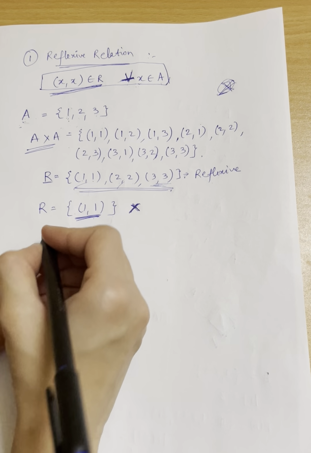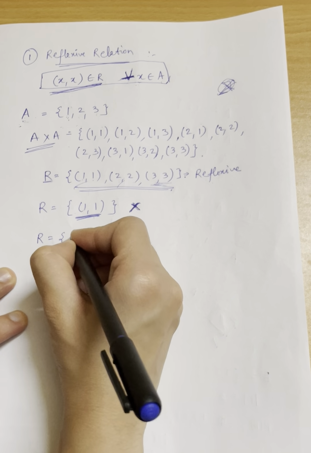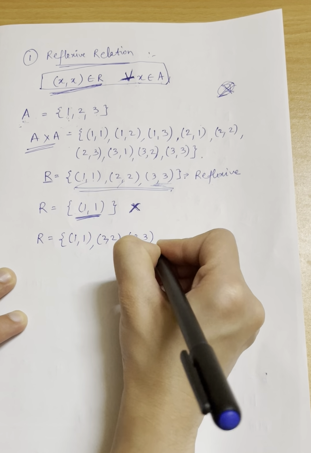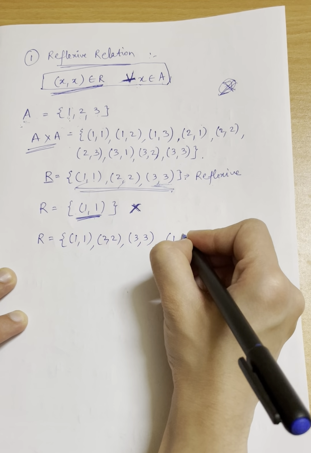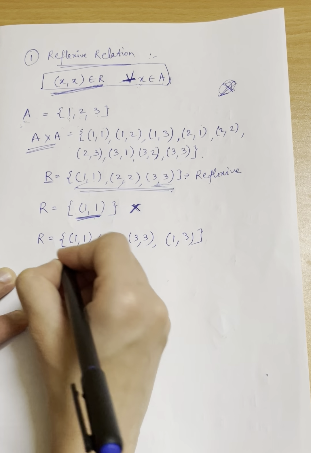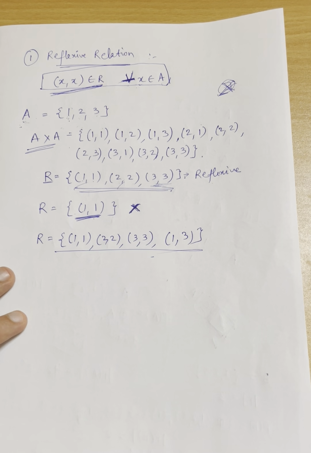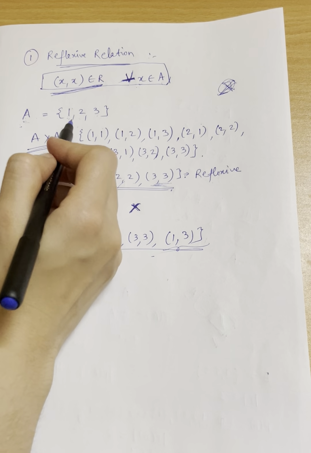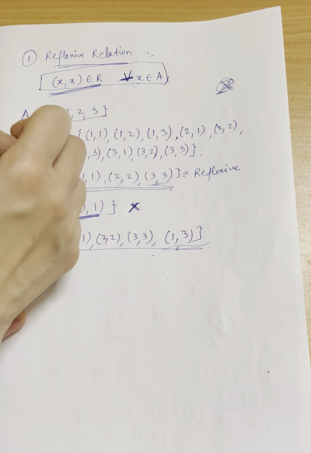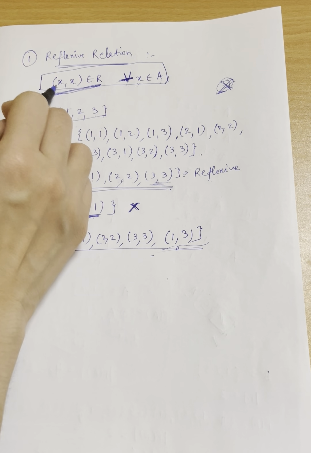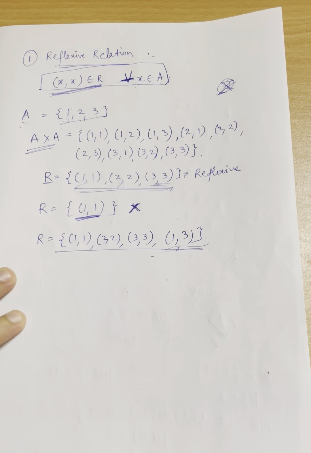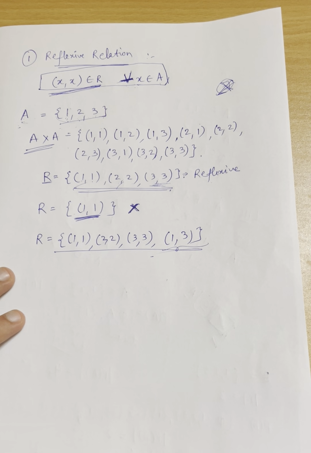One more relation I need to show you. Let's suppose we have (1,1), (2,2), and suppose we have this one as well. Is it reflexive or not? We don't care about other pairs, we only care that for all elements present in set A, there is a pair containing the same value. That's enough for making it reflexive.